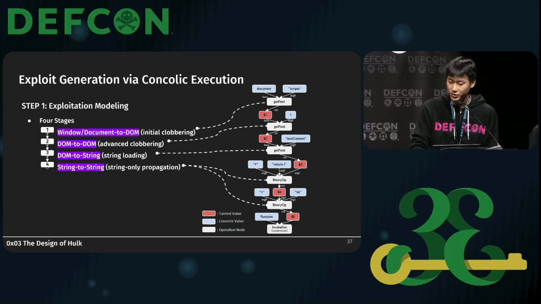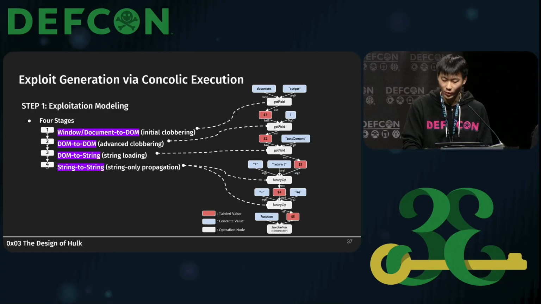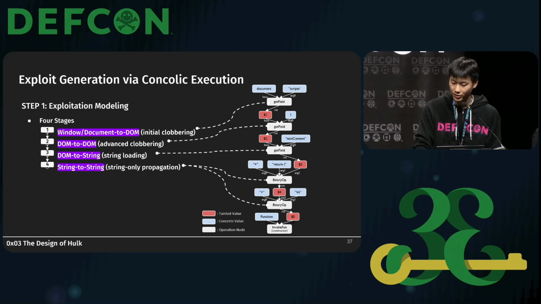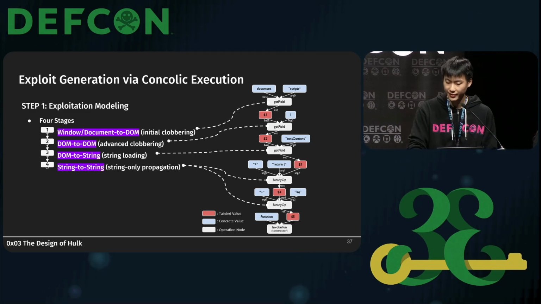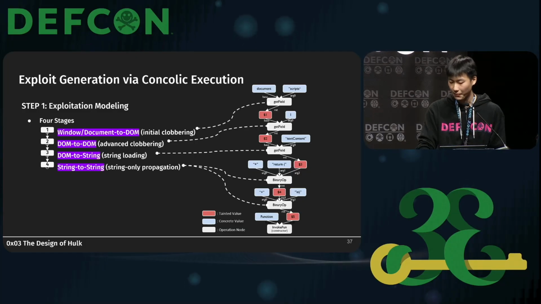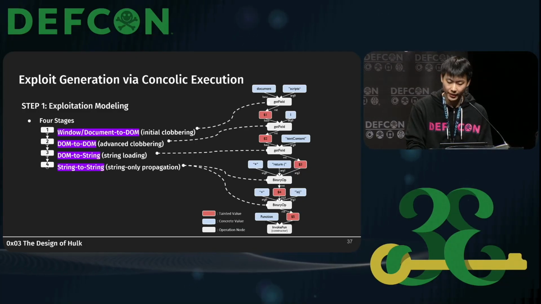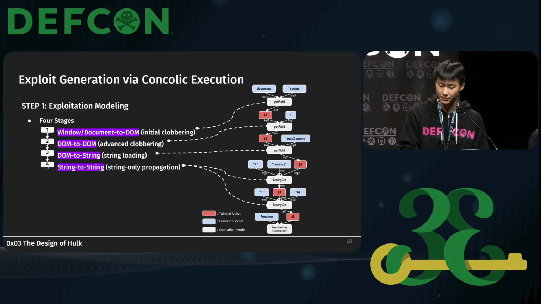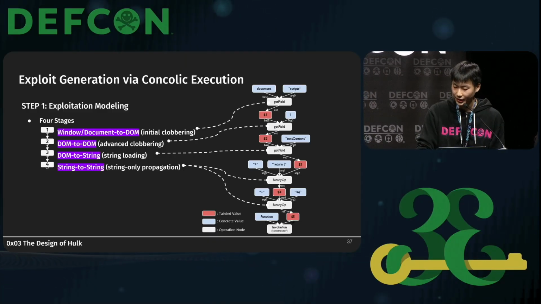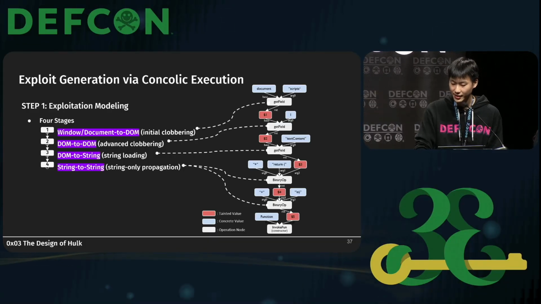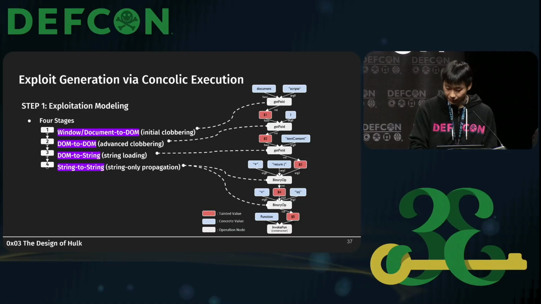So the first step, we need to understand what a successful exploit would look like. To model a valid exploit, we treat the HTML payload as flowing through 4 key stages in the tint dependency graph. The initial clobbering, where the attacker's DOM elements first inject into the JavaScript program. The advanced clobbering, where some parts of the first injected DOM elements get loaded into the program.